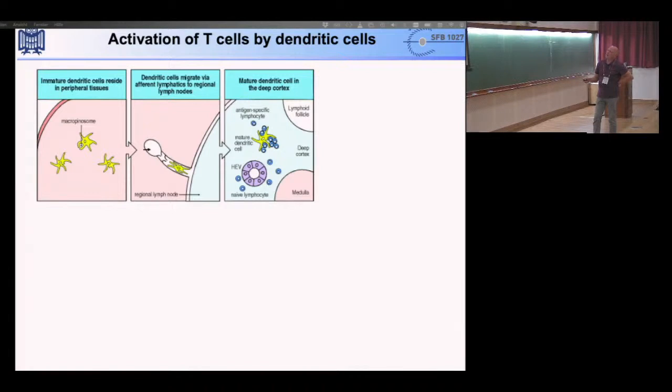So the basic facts: this is part of the activation process. It's essentially dendritic cells, which are not the killer cells. Dendritic cells reside in the peripheral tissues and essentially collect garbage and material, which they can then present in the lymph nodes to inactive T cells.